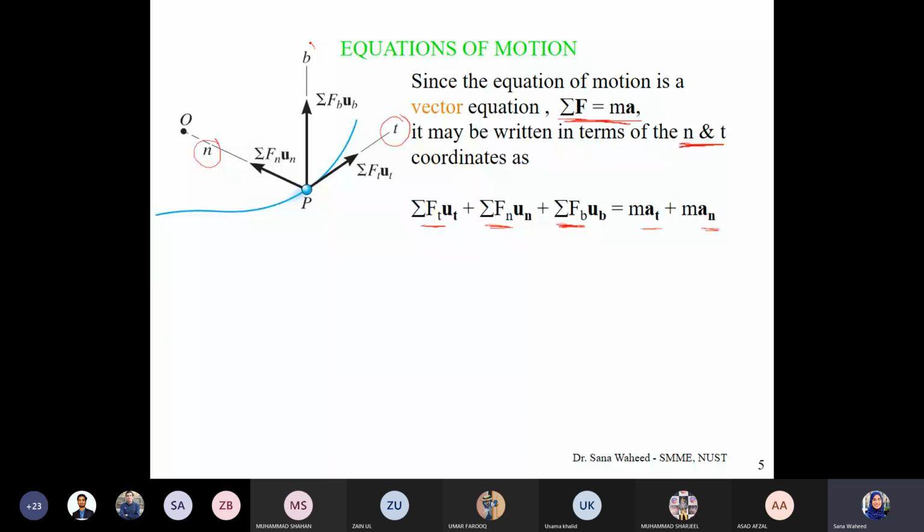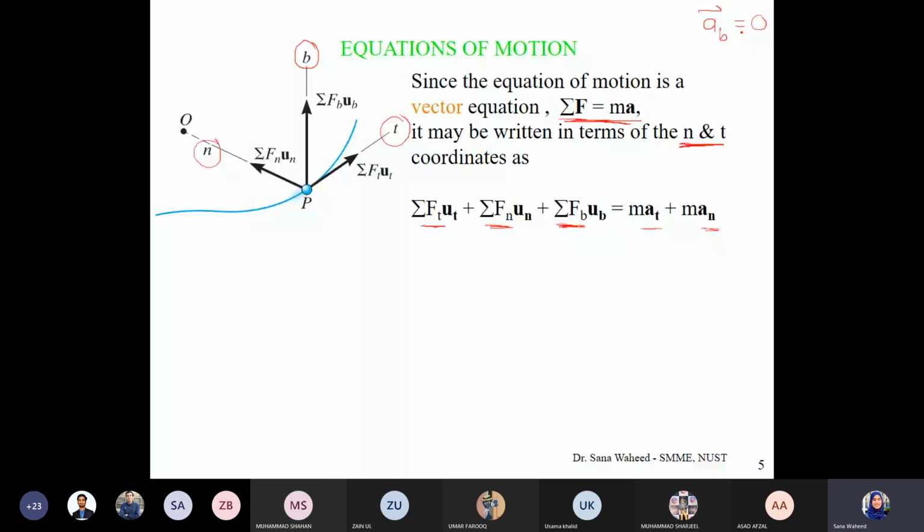Whereas this binormal direction, which I have pointing upwards, if I'm looking at any car or anything else moving in a curved path within this plane, it's lying within this plane, so it doesn't have any vertical components of acceleration, such that my ab is zero.